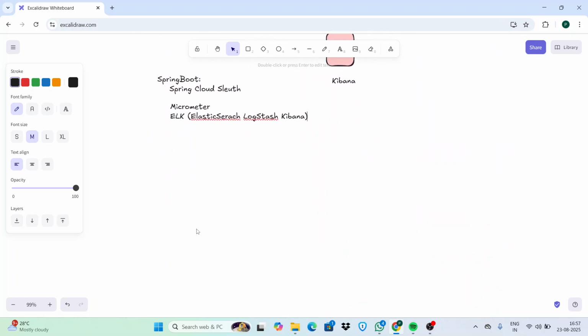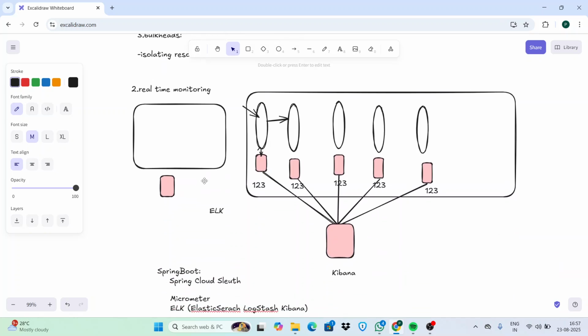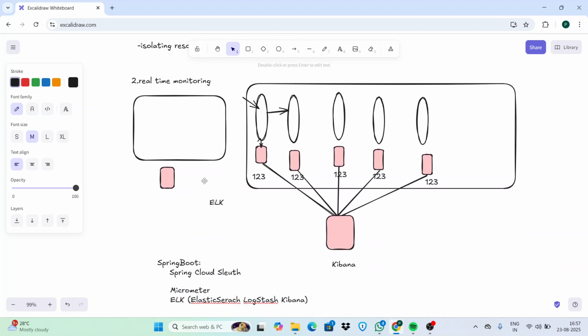In real-time monitoring, we can use Actuator and metrics to trace the metrics or the health of the system. We can monitor the health of the service, so that we can tell a failure is about to come into this microservice.